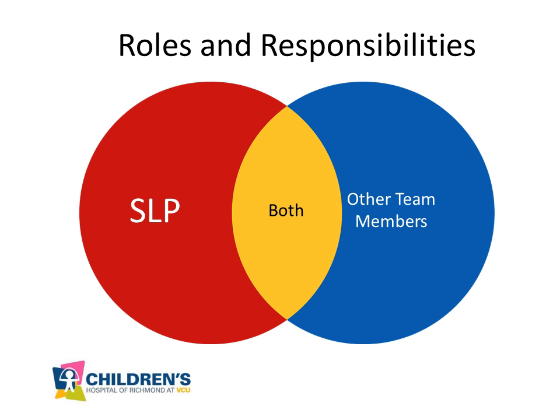So this Venn diagram really illustrates the way in which the roles of the SLP and the other team members really meld together. So while it's initially the SLP's job to get the family and the child up to speed on the device, the roles quickly become team roles.